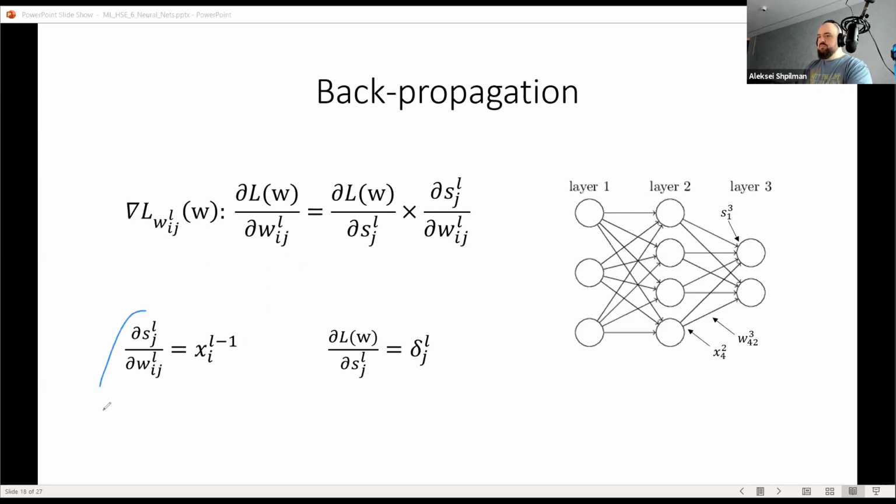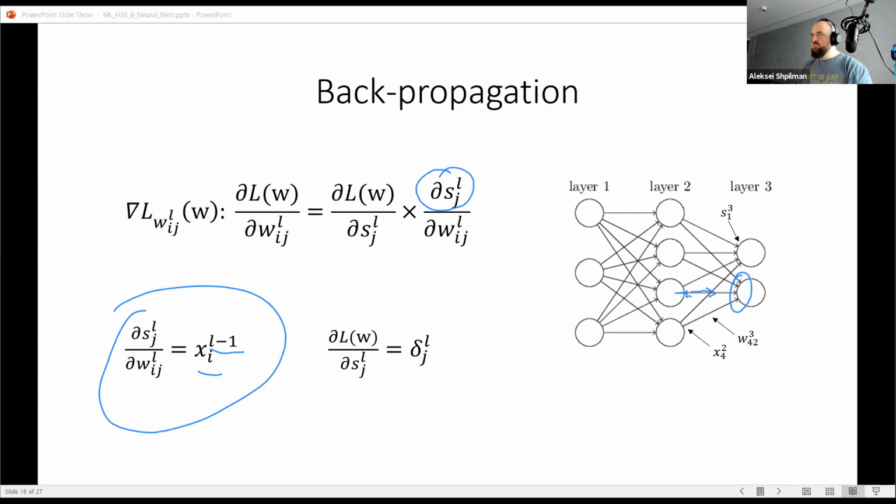Now, the derivative of S^l_j over W^l_ij is just x_i^(l-1). So the derivative of that S function over that weight is just an X, because this is just the sum of these coefficients.